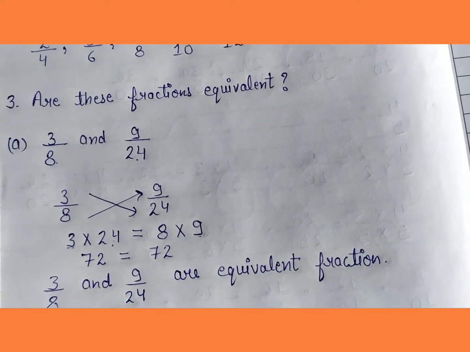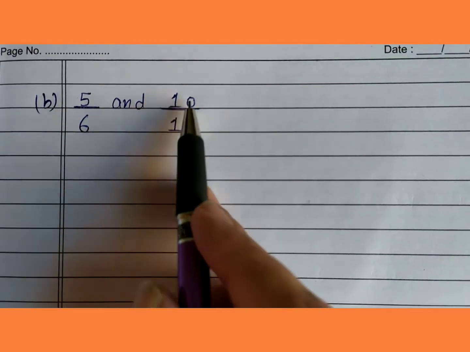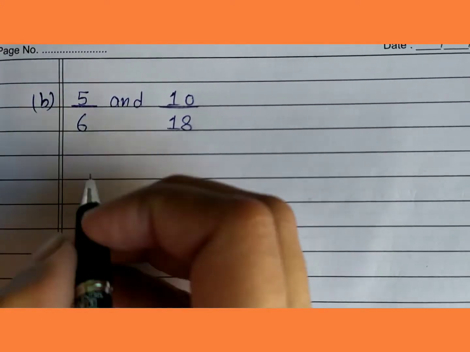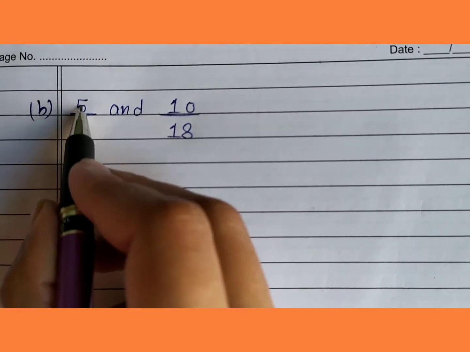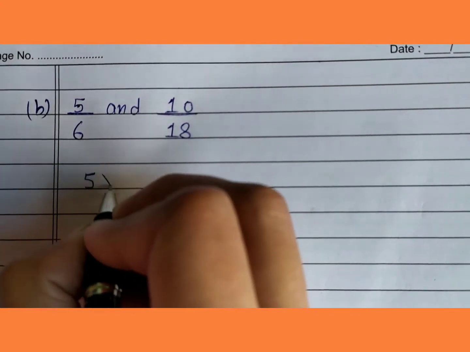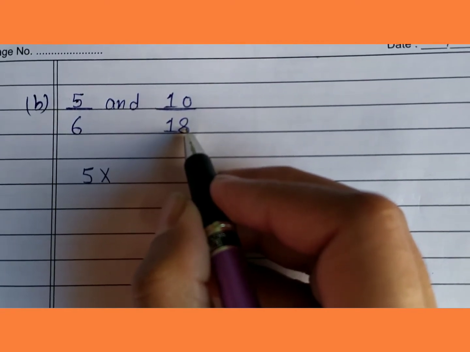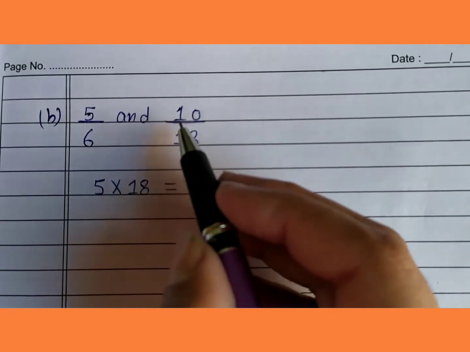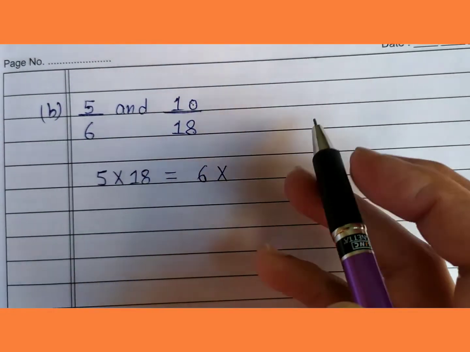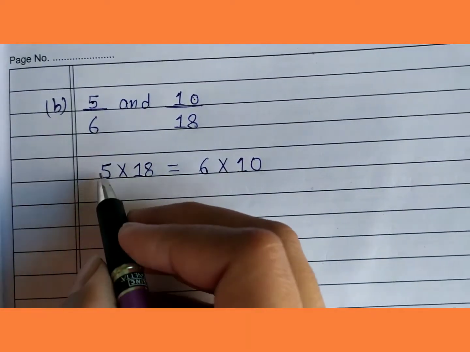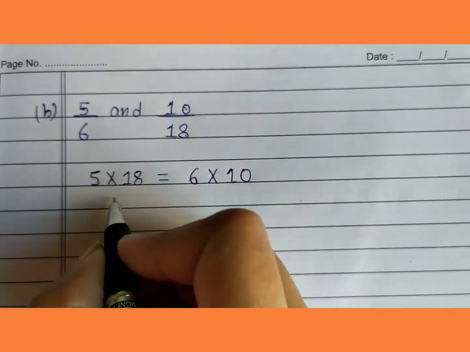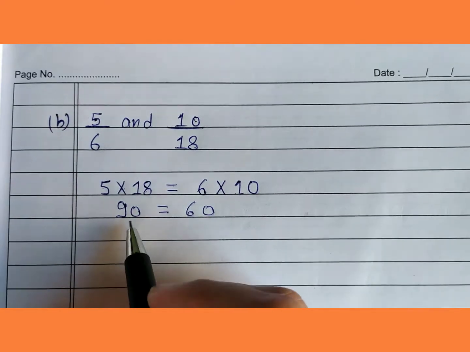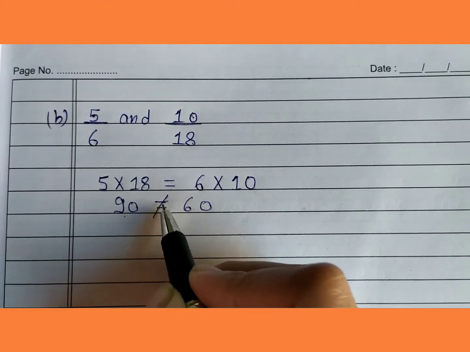Okay, children. Next is 5 upon 6 and 10 upon 18. Two fractions are equivalent if the product of the numerator of the first, that is 5, and the denominator of the second, that is 18, is equal to the product of the denominator of the first and the numerator of the second, that is 10. 5 multiply 18 equal to 90 is equal to 6 multiply 10 equal to 60. 90 is not equal to 60.